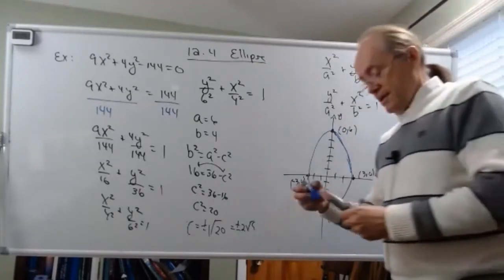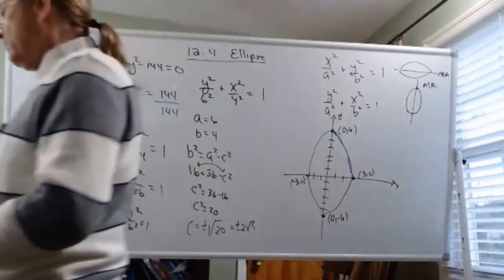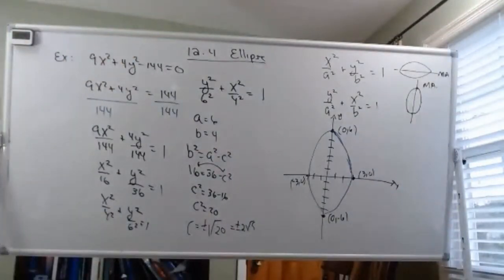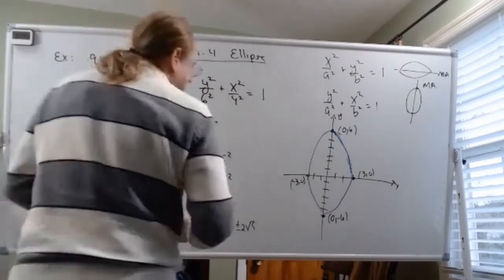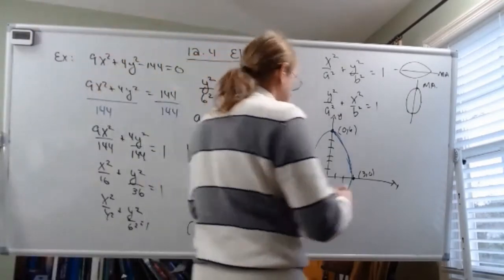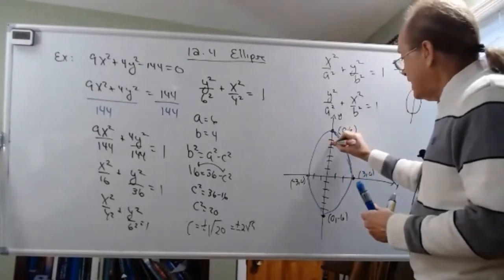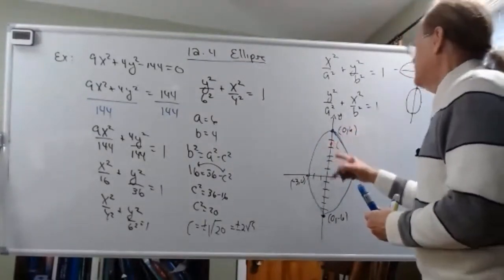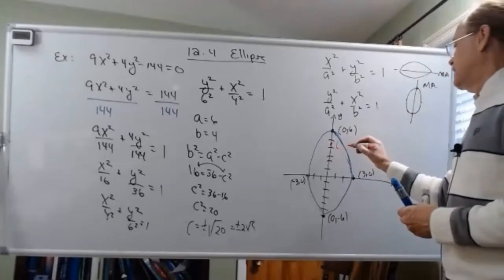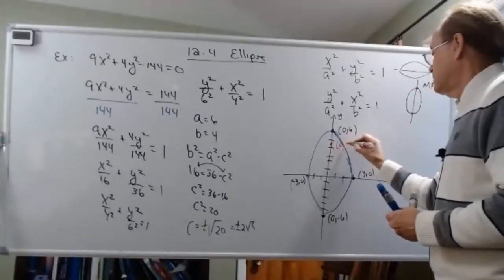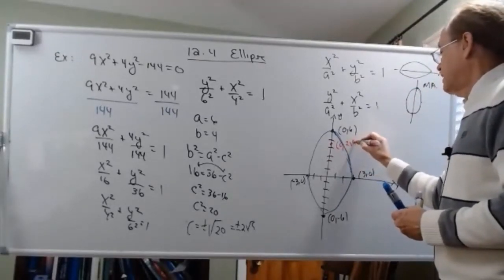Now let's identify the foci. We can get a numerical value: 2 times the square root of 5 gives me a value of 4.47. So I go over here, 1, 2, 3, 4 and a half, right about there. And that's my focus, and that has coordinates of 0, comma, 2 square roots of 5.